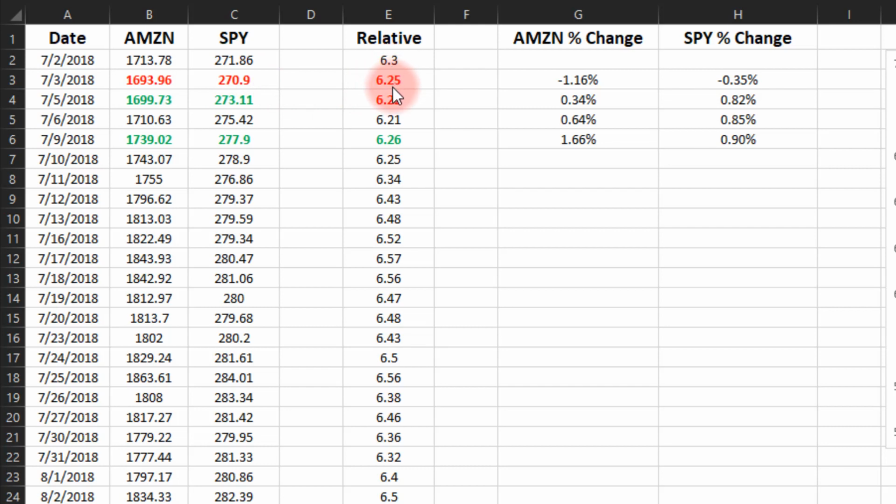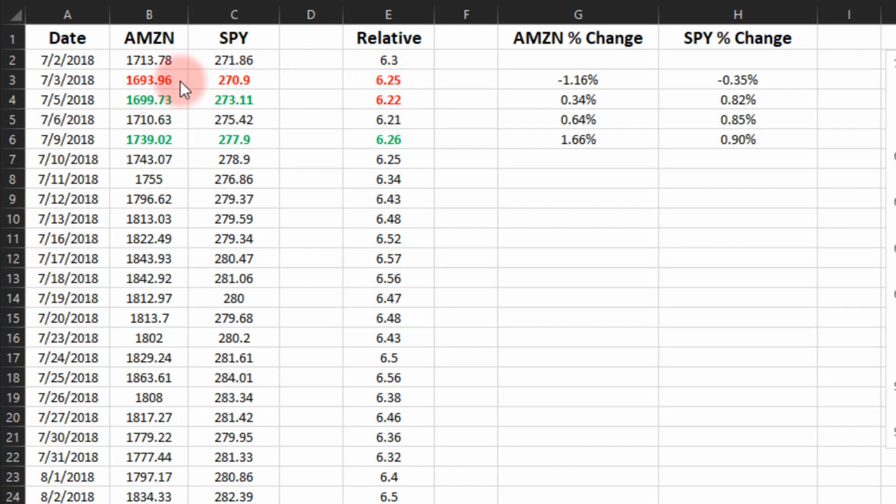Why did the price relative fall? Well, hopefully you know now it's because the change in Amazon was bigger than the change in the S&P. So here are the individual calculations. Amazon fell by 1.16%, but the S&P only fell by 0.35%. So in relative terms, Amazon underperformed, and that's why the indicator dropped from 6.3 to 6.25.